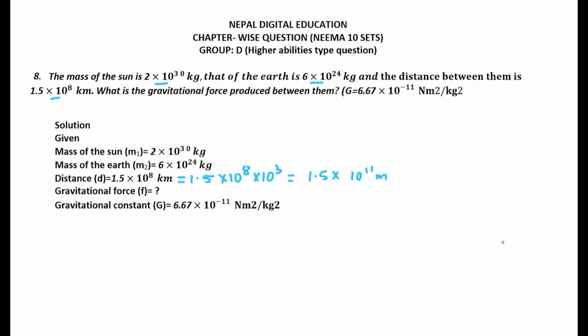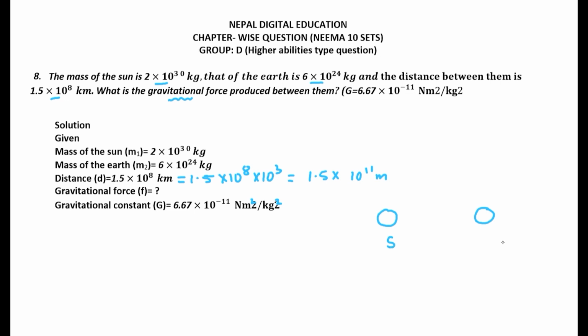Now, what is the gravitational force produced between them? G, the gravitational constant, is given as 6.67 into 10 to the power minus 11 Newton meter square per kg square. So we have to find the gravitational force. First of all, what is gravitational force? Suppose this is body first and this is second, and according to our question our first body is the sun.